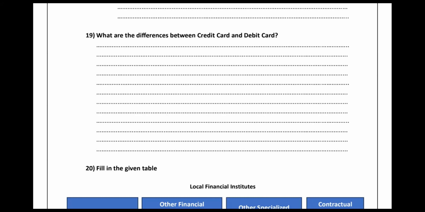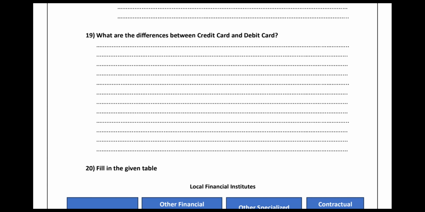Credit card is issued only to fixed monthly income earners, but a debit card is issued to anyone who has a bank account. So that is the second difference. The first difference is that a bank account is not a must for a credit card, but for a debit card it is a must. The second difference is that a credit card is issued to a fixed income earner, and a debit card is issued to any account holder.